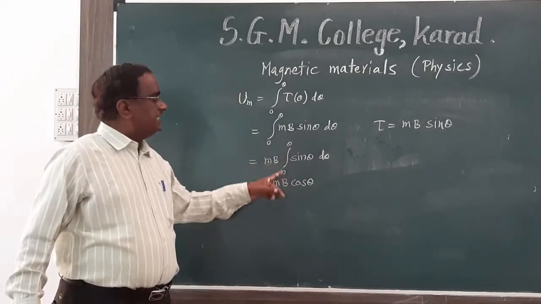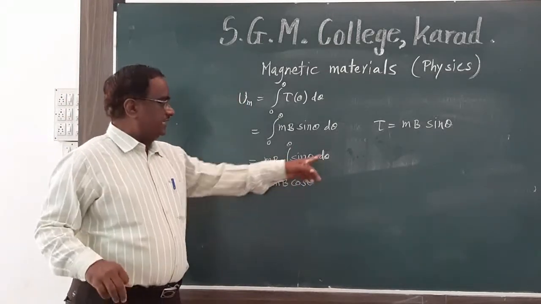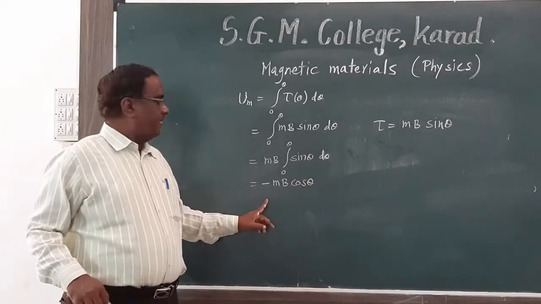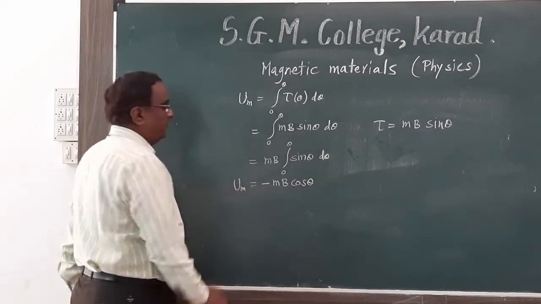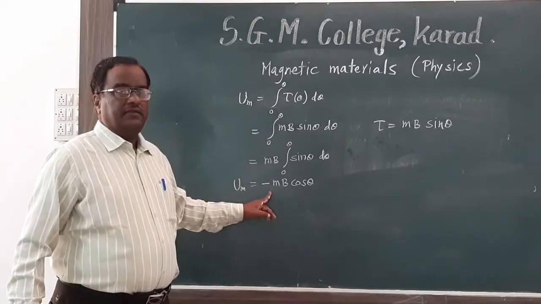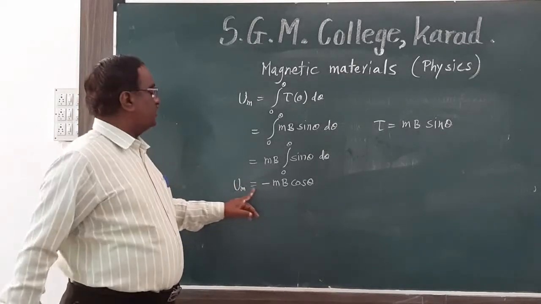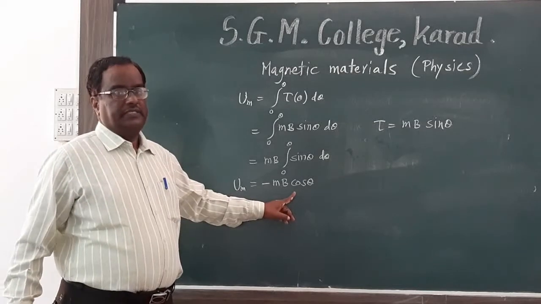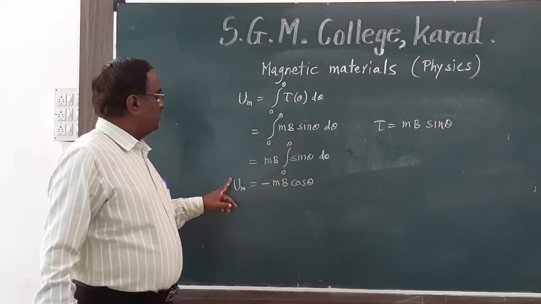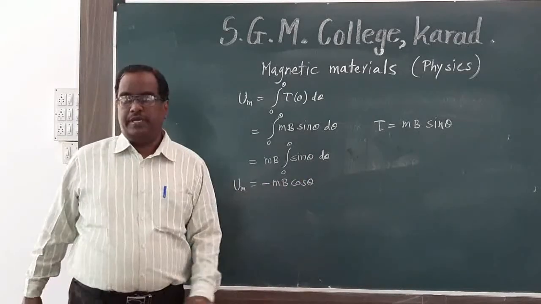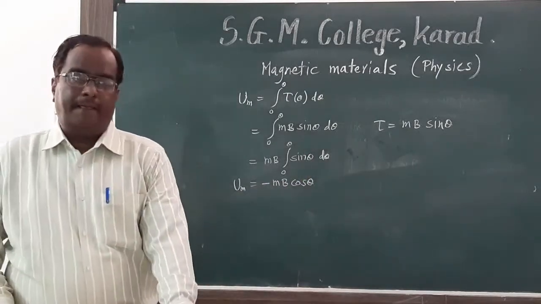The value of this integration, sin theta d theta, is minus cos theta. Therefore, the expression for potential energy in a magnetic field is given by U_m is equal to minus MB cos theta.